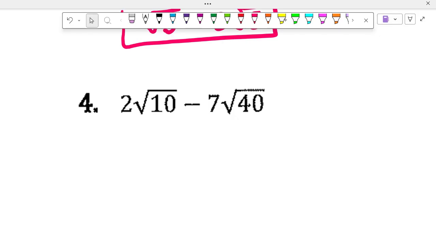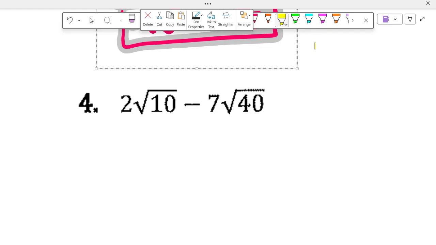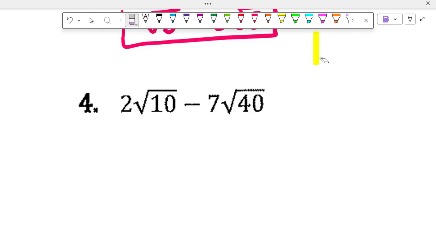Yes. So, let's just think about this for a second. We're talking about square roots. Does 10 have any perfect squares in its factors? No. So this is probably left alone. What about 40? Does 40 have any perfect square factors? 4 and 10, where 4 is the perfect square.